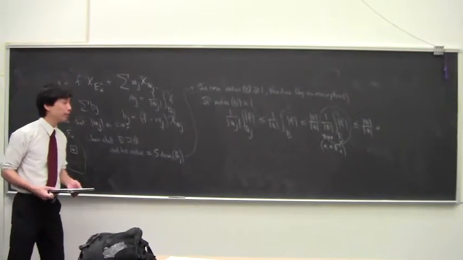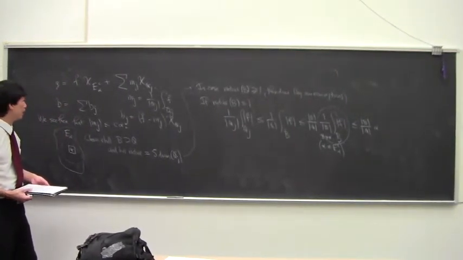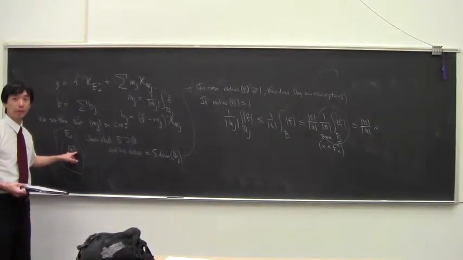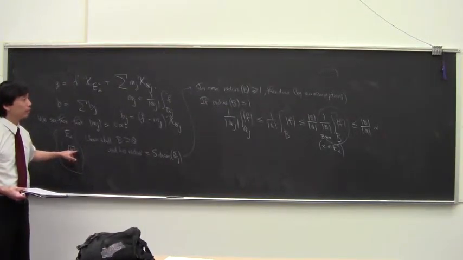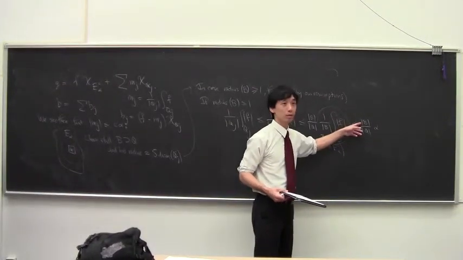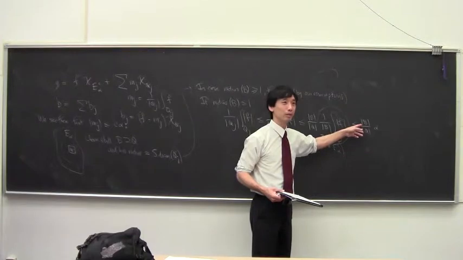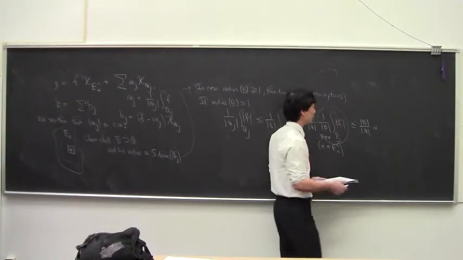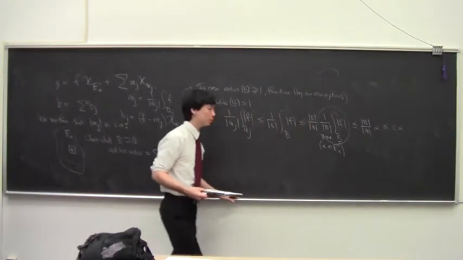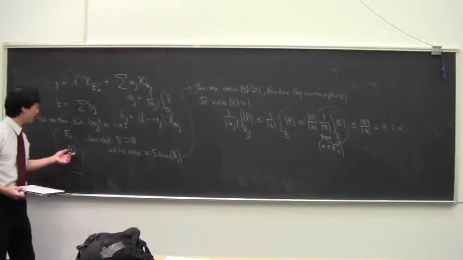And now you see why we really need the ball. We need the cubes to be of a controlled distance to the boundary, because we want the ratio of the ball to Q to be some sort of controlled number. So this is controlled by some constant times alpha, because we've chosen the ball to be 5 times the diameter.